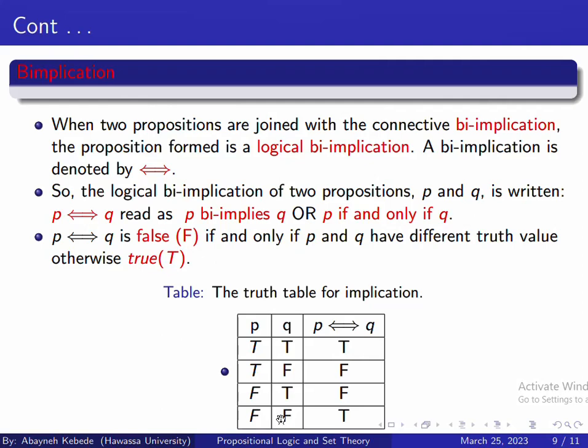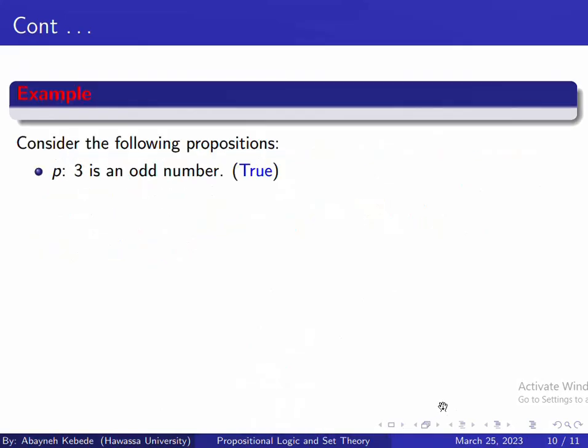But false if and only if false is true, because they have the same truth value, and so when they are connected by the biconditional, they become true.